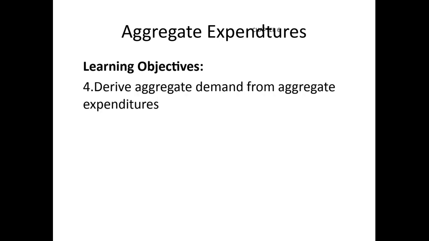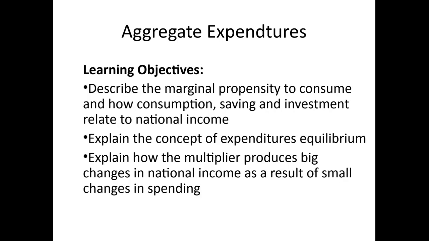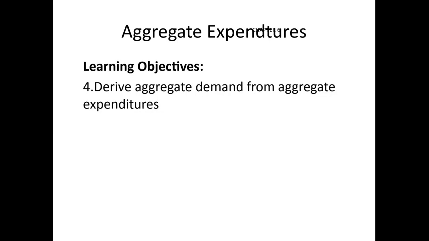And finally, I will derive the aggregate demand that I showed you at the outset when I started this session. I just had drawn a downward sloping aggregate demand curve. So we will derive that aggregate demand curve using aggregate expenditures, and you will see.